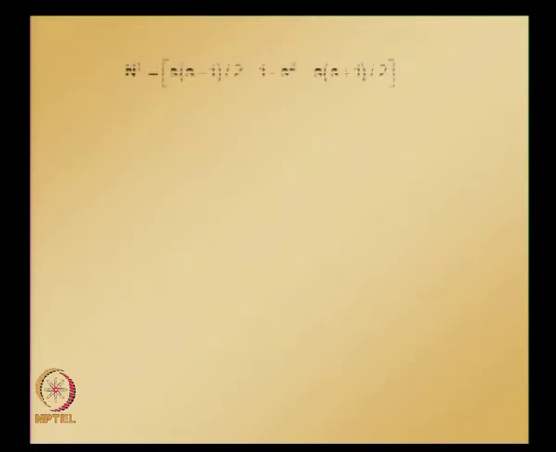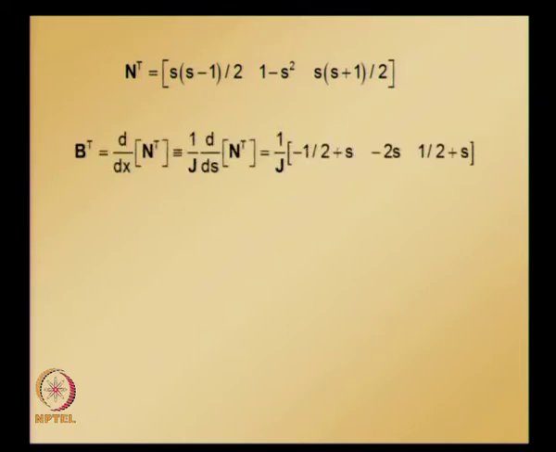and n transpose is defined like this, and b transpose is nothing but the derivative of shape functions with respect to x, defined like this, where the Jacobian J is obtained once we know the nodal coordinates of all the 3 nodes.